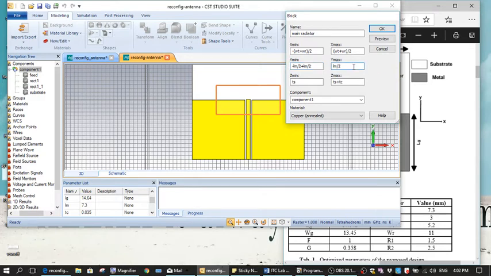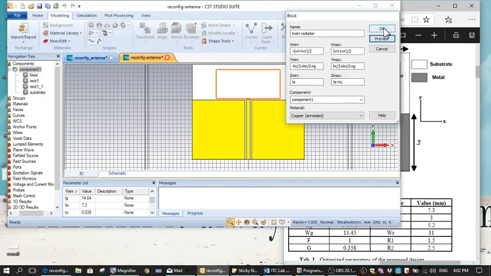So let's try adding lm by 2 on both sides. Let's preview it, and there we go. Okay, so it's lm by 2 plus g because we need to maintain the gap as according to the paper.